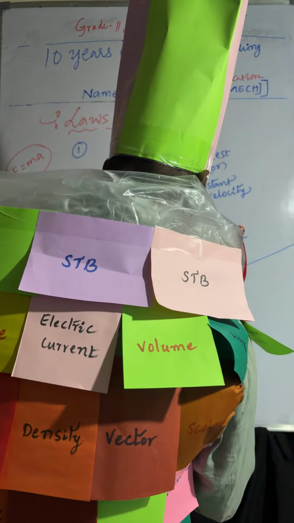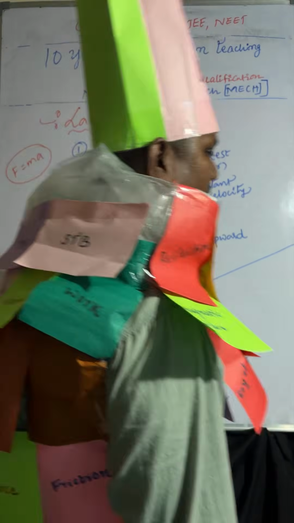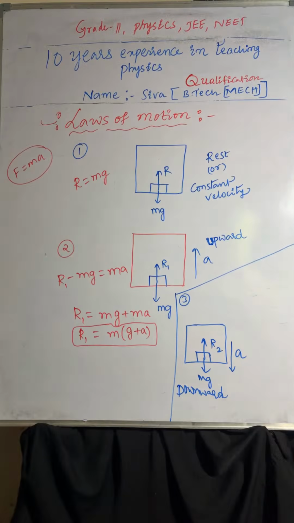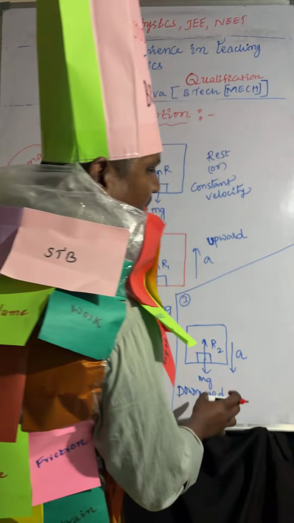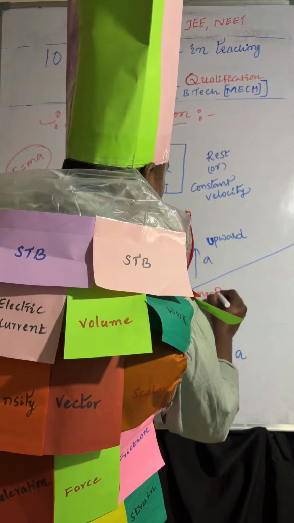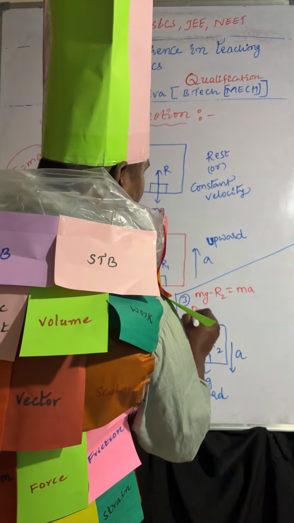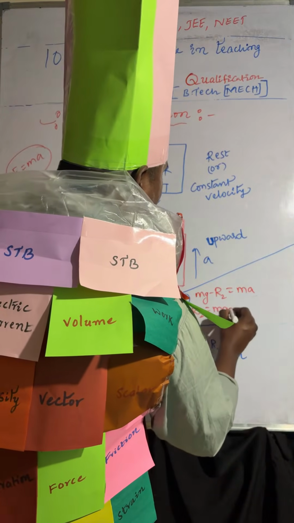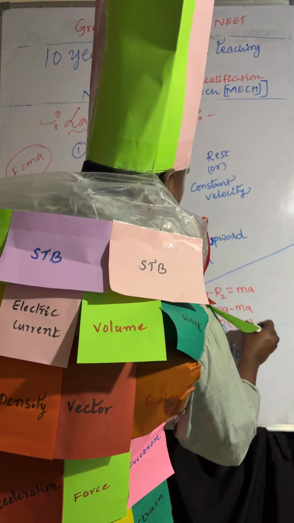Then mg is greater than R2, so mg minus R2 equal to ma. Then R2 equal to mg minus ma, that is m into g minus a.